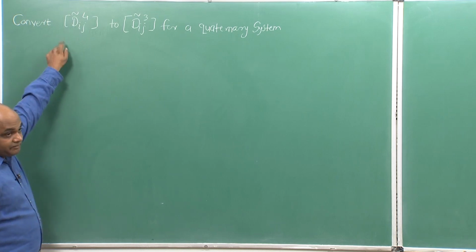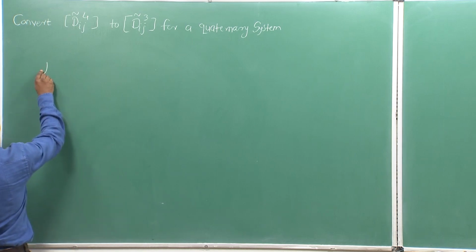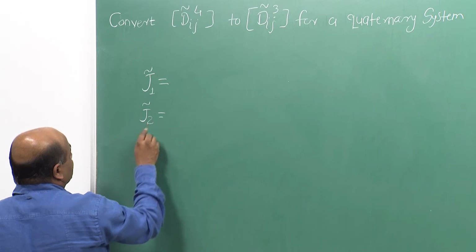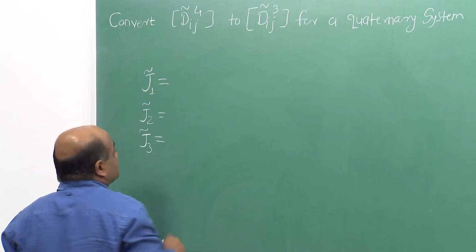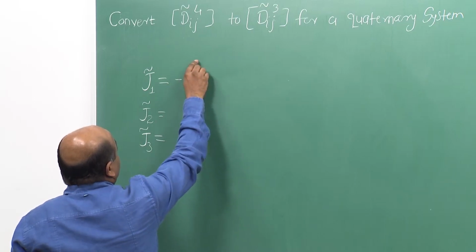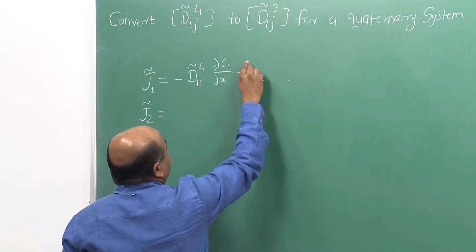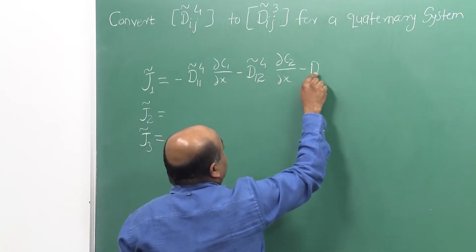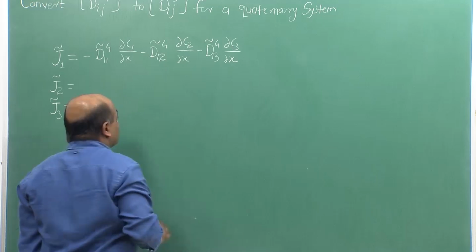So, if we start with component 4 as the dependent component, we have 3 independent interdiffusion fluxes J1 tilde, J2 tilde and J3 tilde, and those can be expressed in terms of 9 interdiffusion coefficients as J1 tilde is equal to minus D11 tilde 4 dou C1 by dou x minus D12 tilde 4 dou C2 by dou x minus D13 tilde 4 dou C3 by dou x.